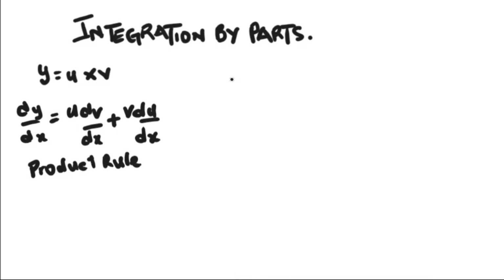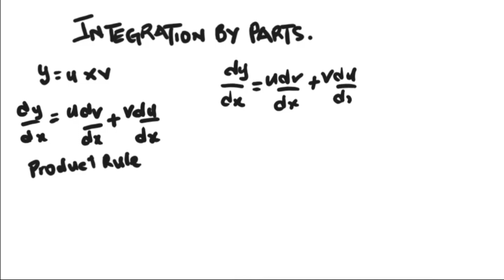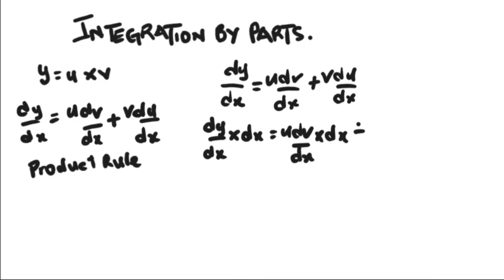Let's start from the product rule formula, which states that dy/dx is equivalent to u dv/dx plus v du/dx. If I multiply through by dx, this gives us dy/dx multiplied by dx is equal to u dv/dx multiplied by dx plus v du/dx multiplied by dx.